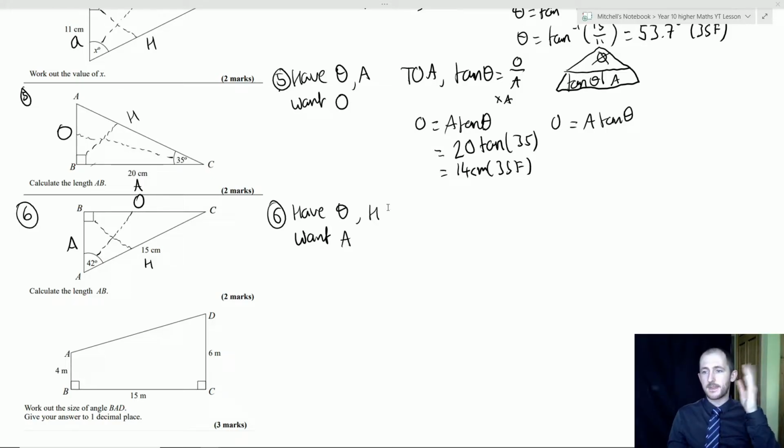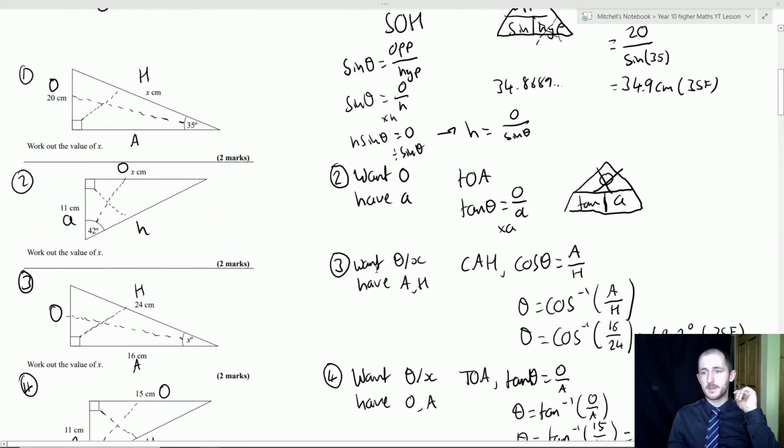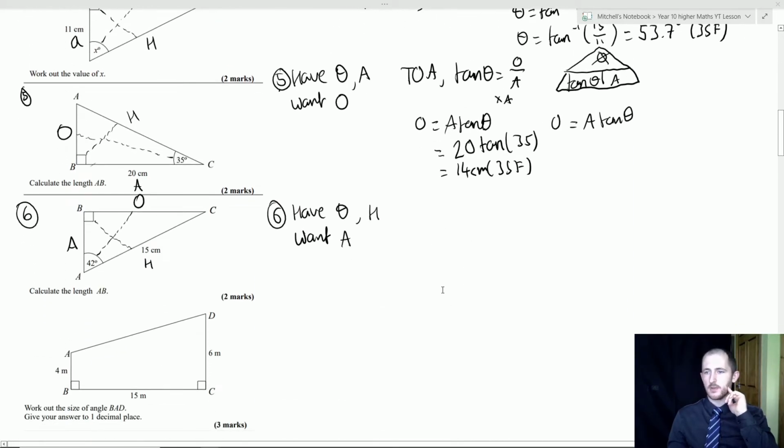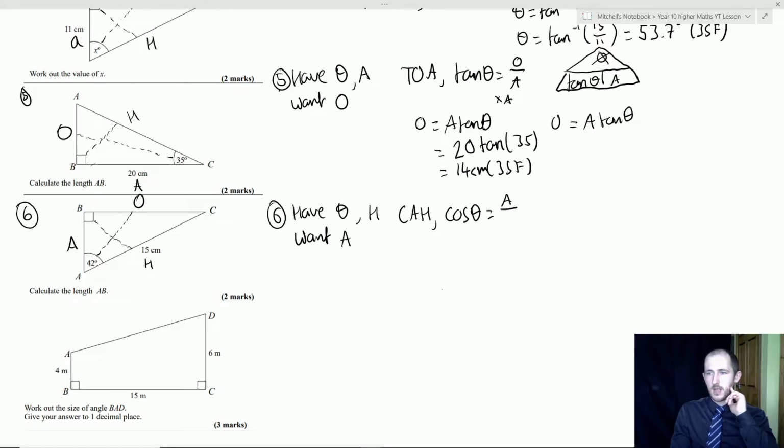So if I have theta and h and I want A, let's scroll back up to see which one has A and h in it. This one has A and h in it: CAH. And that is cos theta equals adjacent over hypotenuse. If you want it as a formula triangle, you can put the A on top, cos here, h here.